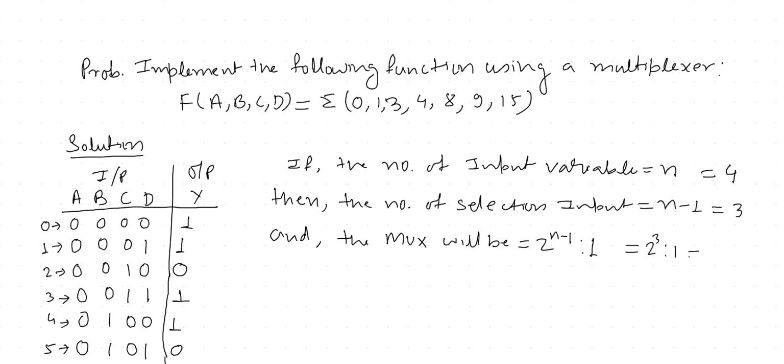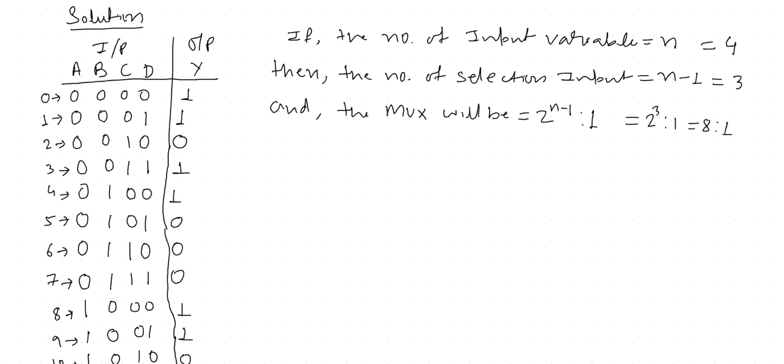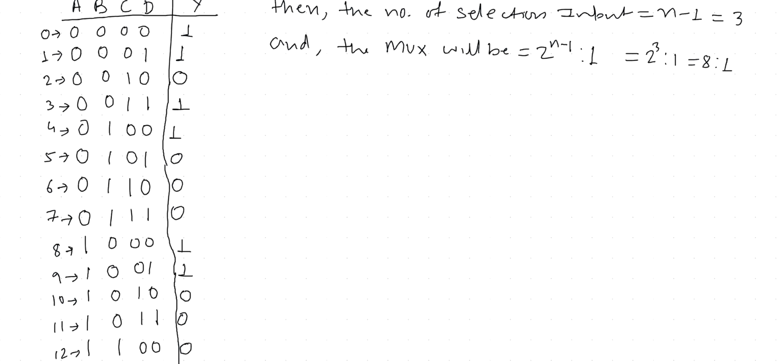That is 8 is to 1 mux will be used here. Okay. Now, when we design the 8 is to 1 mux, that means here the number of inputs will be 8 and the number of outputs will be 1.